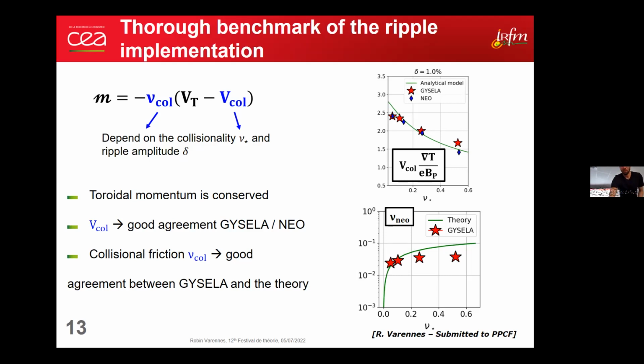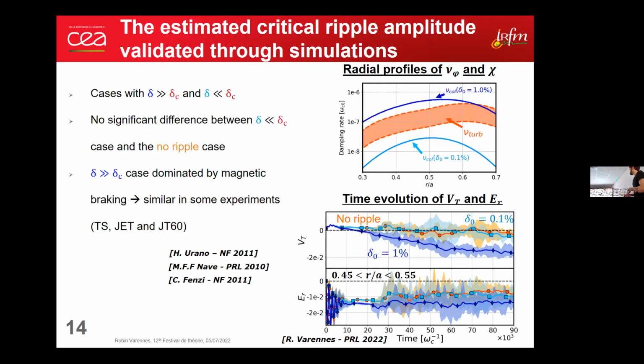And so at this point, we were in a good, let's say, shape to test our model by launching self-consistent simulations that take into account both the turbulent drive and also the magnetic braking. So basically what we did to test our criteria was, if you look on the bottom right here, you can see a radial profile of the, let's say, collisional friction.